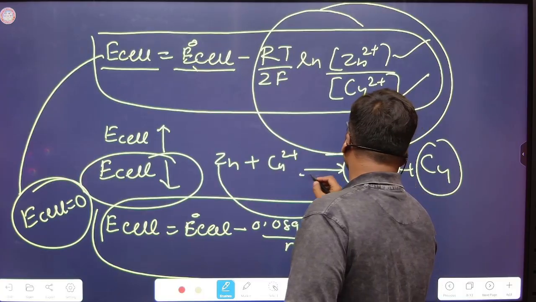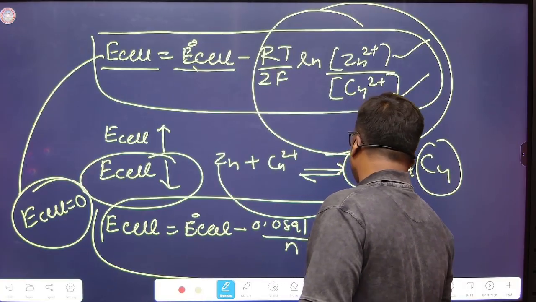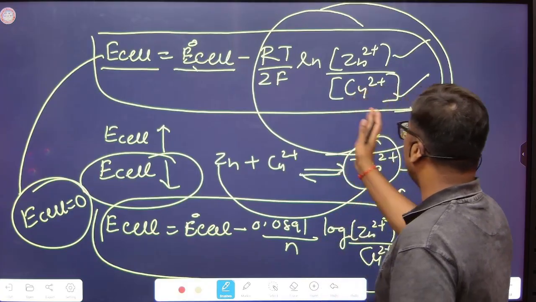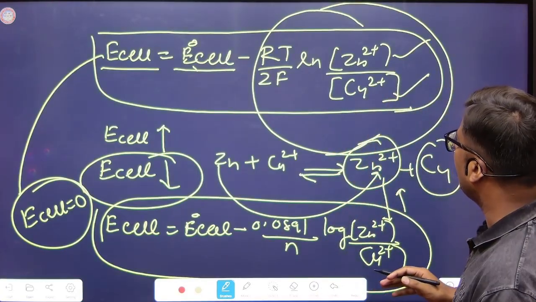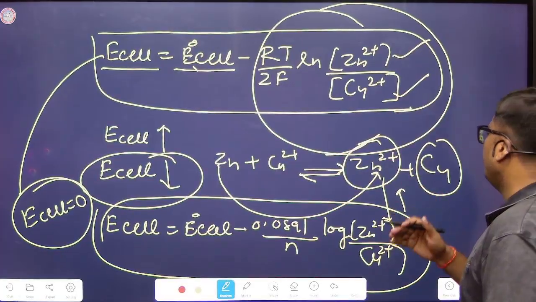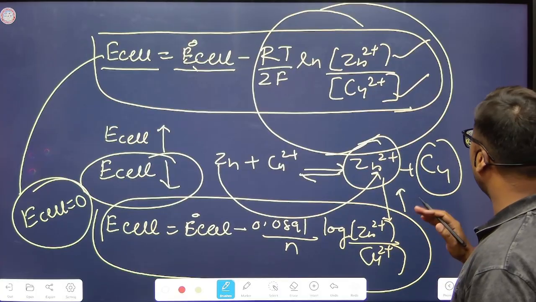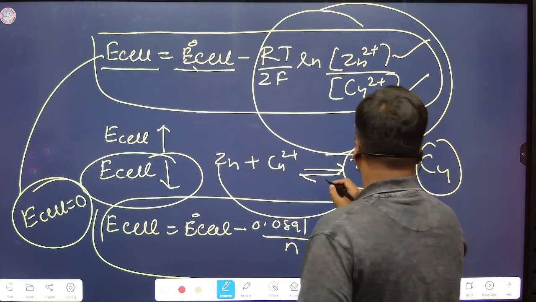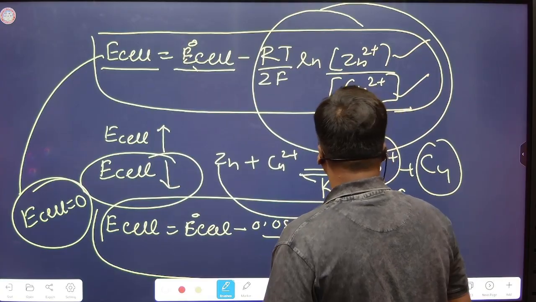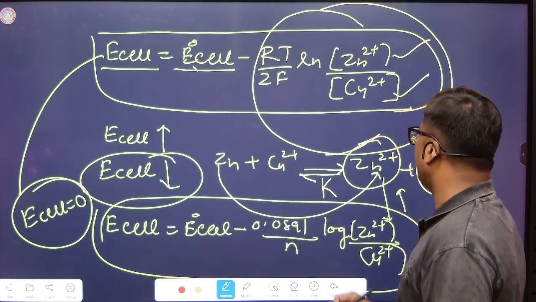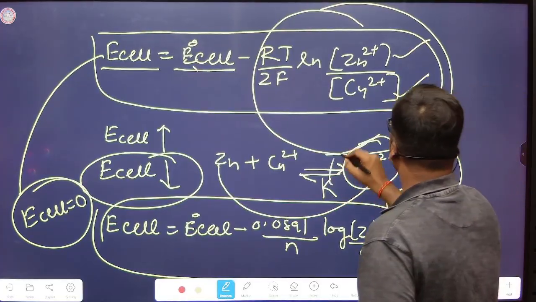And if the reaction is in equilibrium, then the reaction quotient can be converted into K, the equilibrium constant.